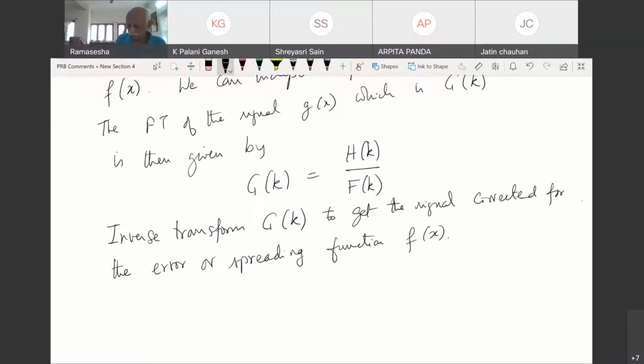So with this you get the inverse transform of G from G of k, you can get G of x, so you can eliminate the error, and this is done.